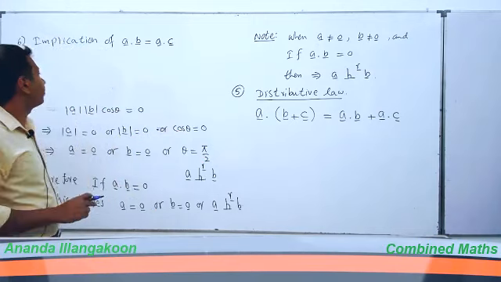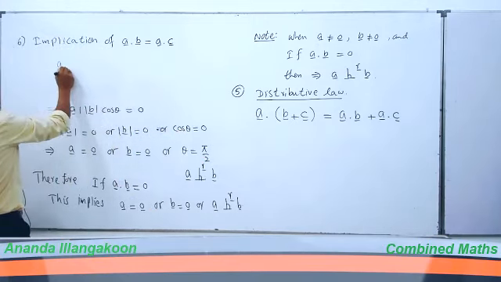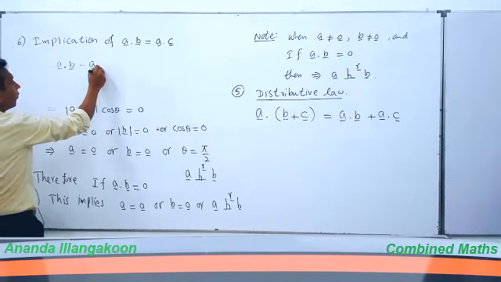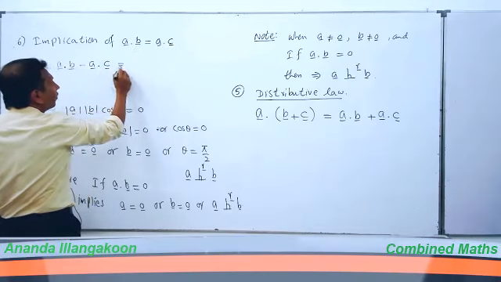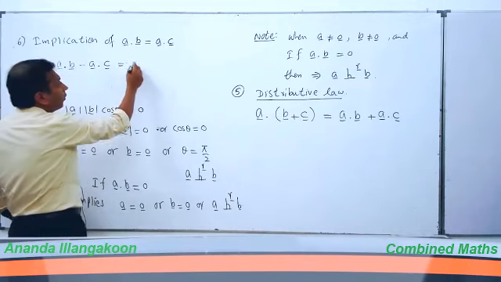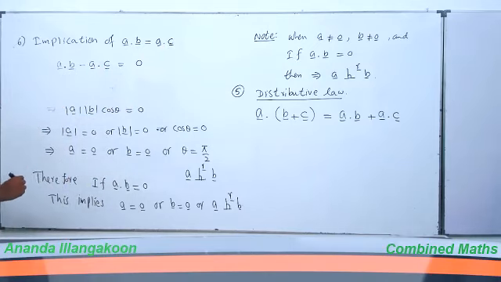People, now I can take the right hand side A dot C to the left hand side. On the right hand side, no figure available. That means 0.